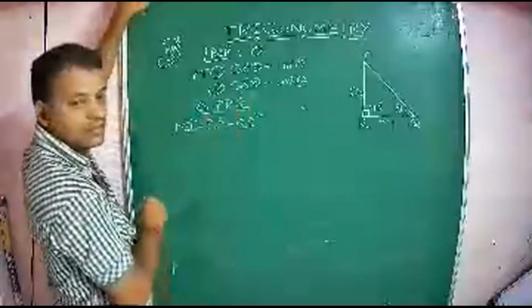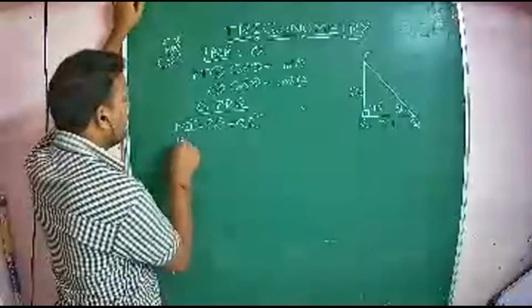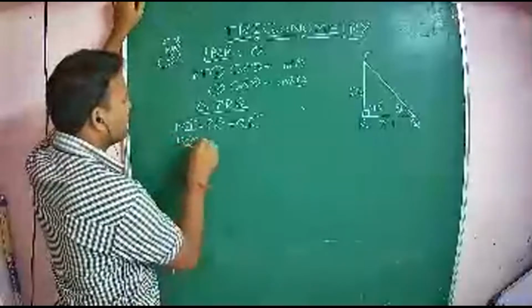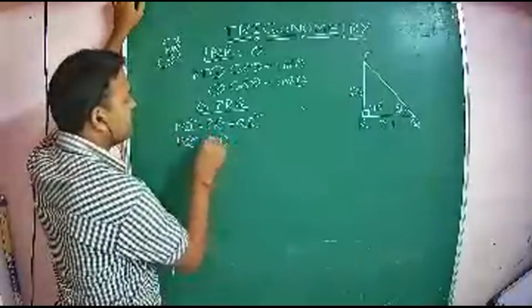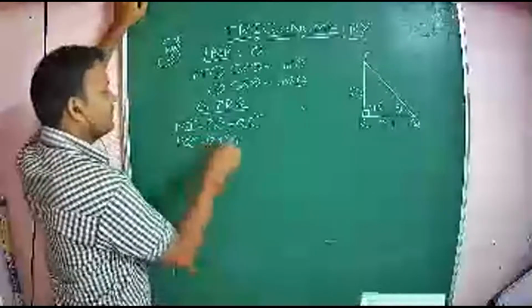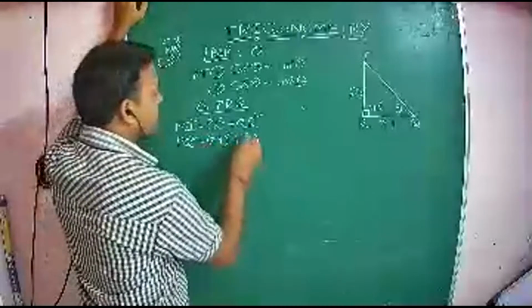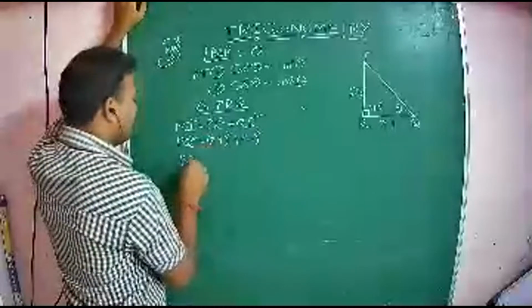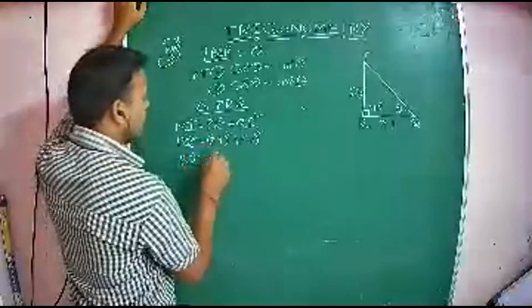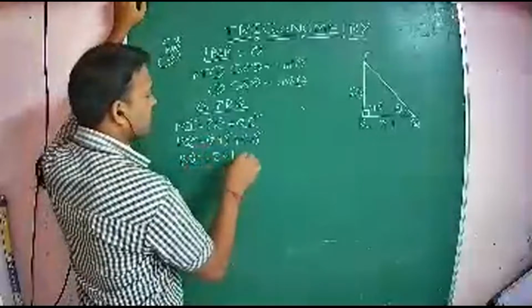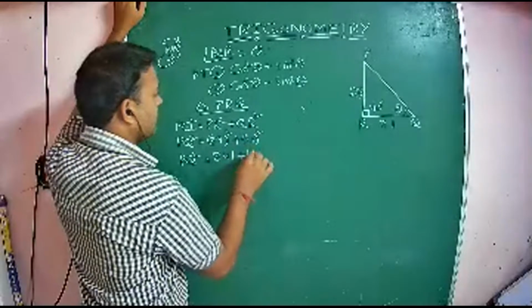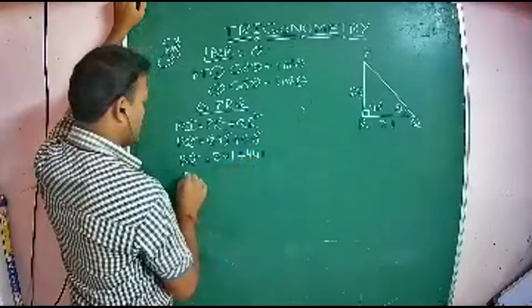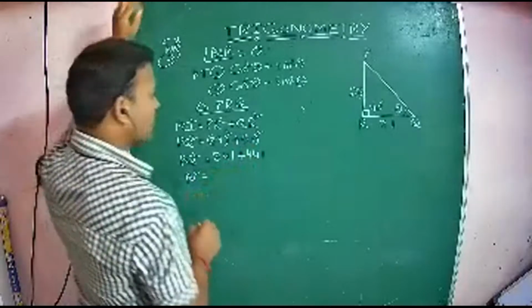Then next, PQ square is equal to, substituting, PR is 29 whole square plus QR is 21 whole square. So PQ square is equal to 29 whole square, 841, plus 441.